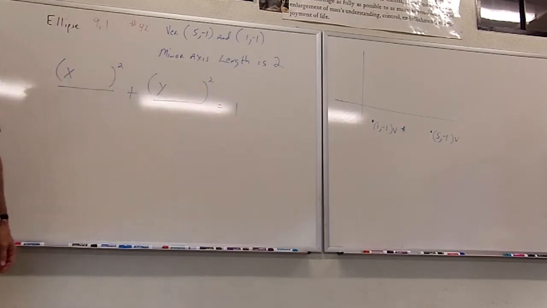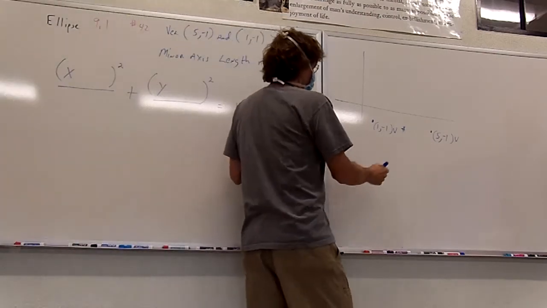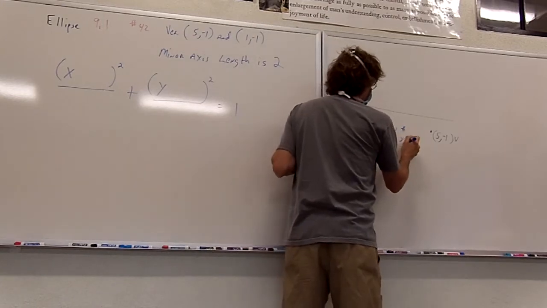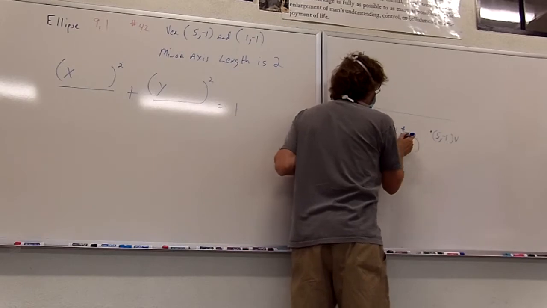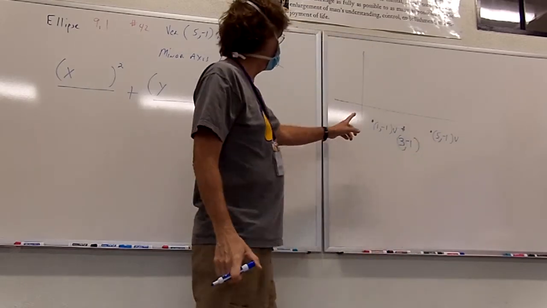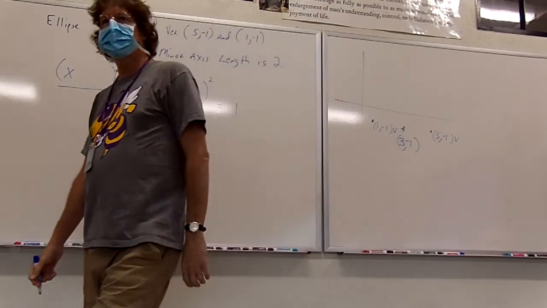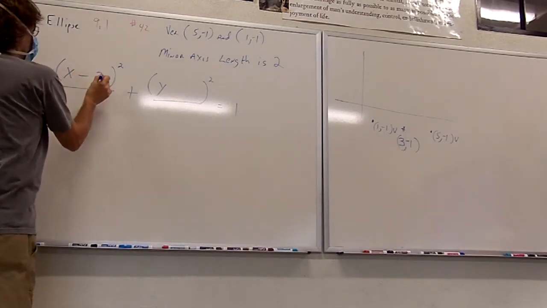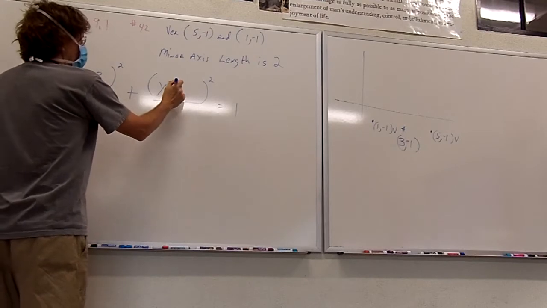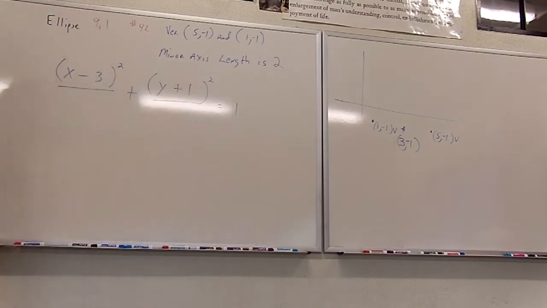And if I can find the center, that takes care of 2 blanks. What's the center, folks? 3, -1. Write it bigger so they can see it on that screen. That's the center right there. We add 1 and 5, divide by 2, 3, -1. And so we're instantly x minus 3. And we can put y minus -1, or y plus 1.